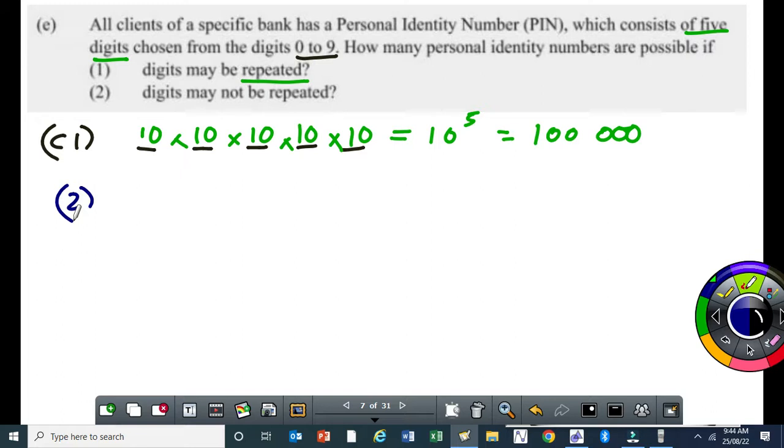Are you following? If you need to ask, you need to ask, because I'm going to move on. Then the digits may not be repeated.